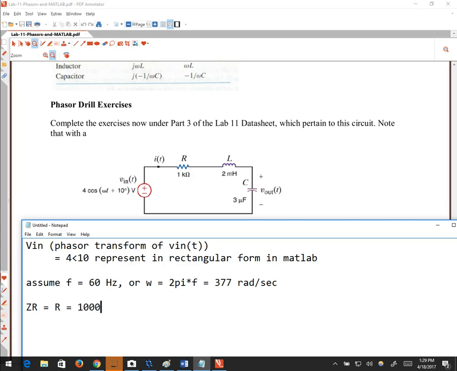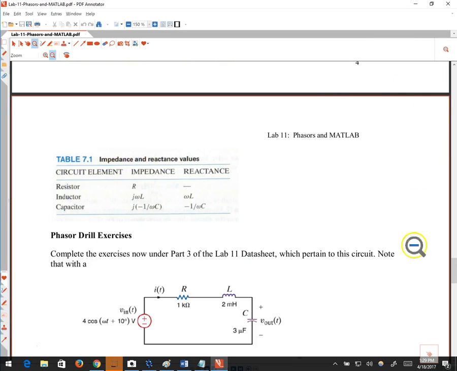The impedance has the same unit as resistance, but it's a complex number. What's the impedance of an inductor? It's on your handout, at the very top of my display. Inductor, j omega L. The impedance is the complex number, and the reactance is just the imaginary part of the complex number.